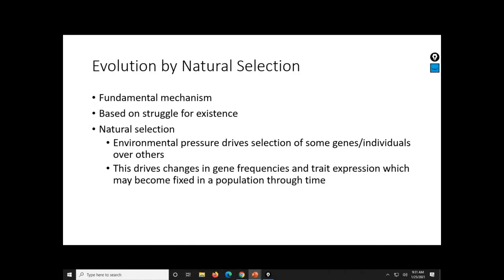And the key pieces here, remember, is it's all based on having a population, right? In this case, we think about our class being just a really big population. And there's some kind of environmental pressure that's driving change in these populations.